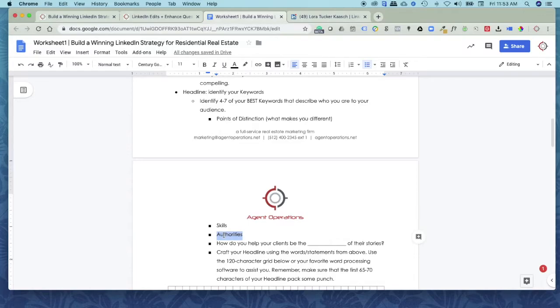What part of the process, or all of the process, are your strengths, where you have command over that material? What are you an authority figure on? The next one that helps determine your keywords is, how do you help your clients to be the hero of their own stories?